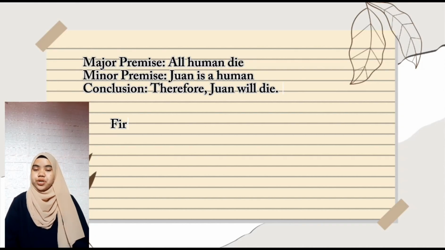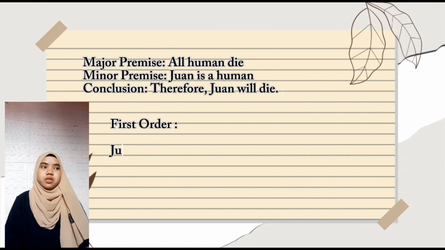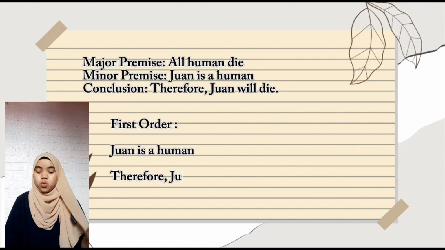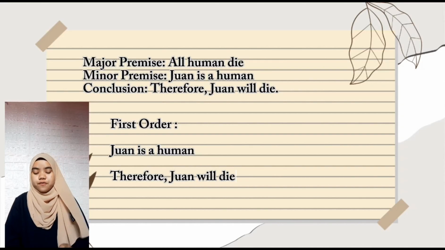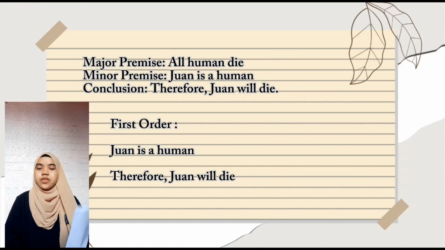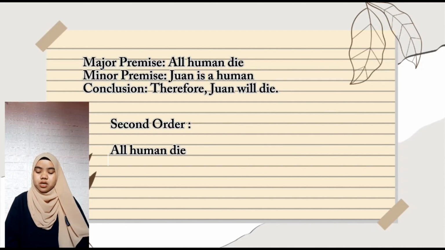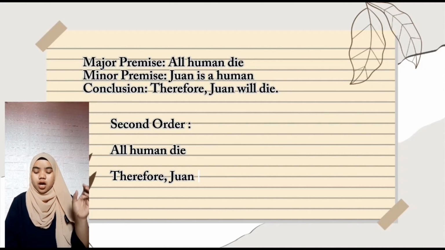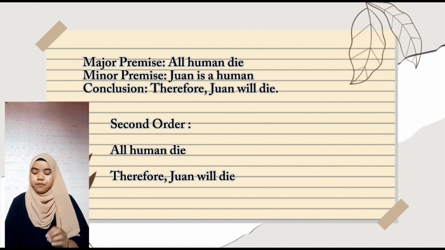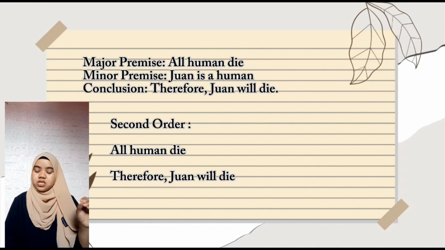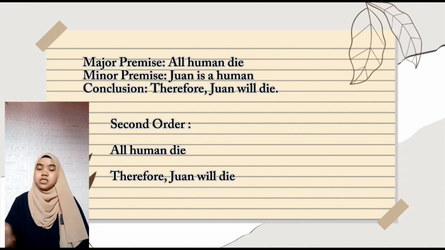So, in first order, the major premise is omitted or missing. So, it becomes Juan is a human. Therefore, Juan will die. And then the second order is the minor premise is missing. So, it becomes all humans die. Therefore, Juan will die. The major and the conclusion are included in the statement, while the minor naman is nawawala.